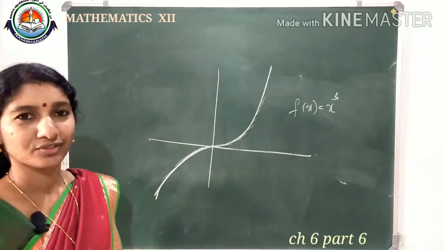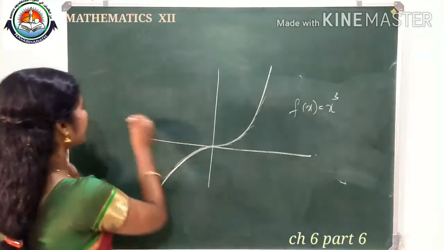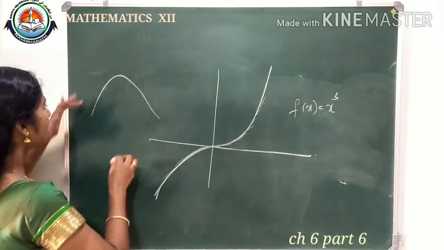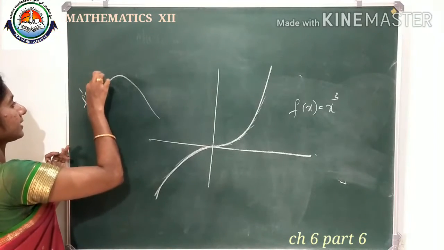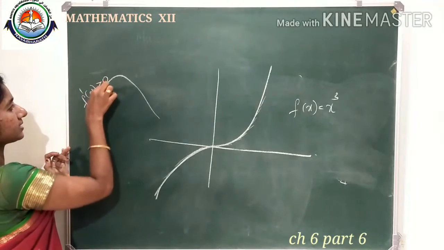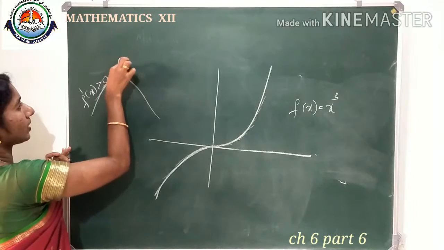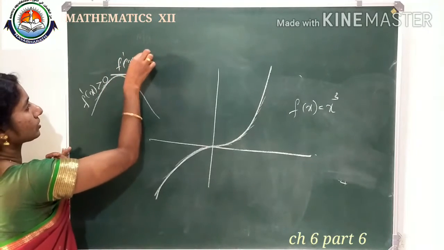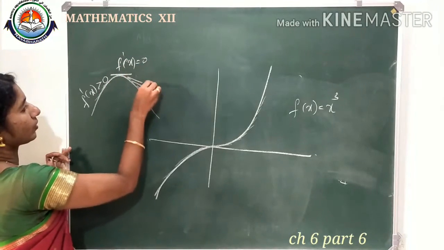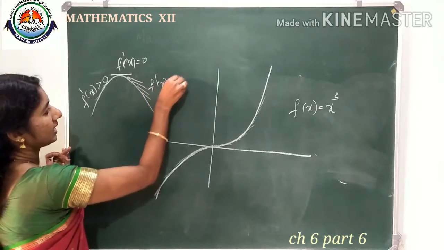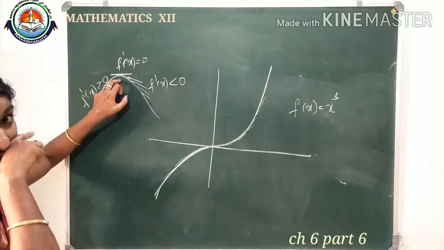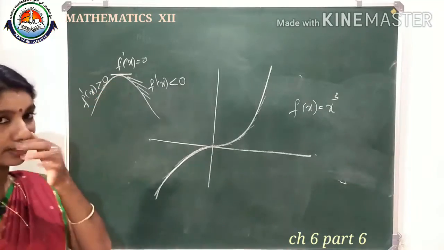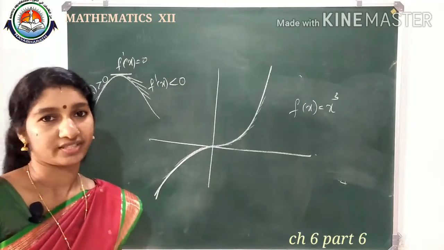What we should get is a curve like this, where f dash of x is greater than 0, that means the slope of the tangent is greater than 0. At this point f dash of x equal to 0, and at all these points the slope of the tangent is less than 0. Then we can say this is a local maxima, or this point gives a local maximum value of the function.